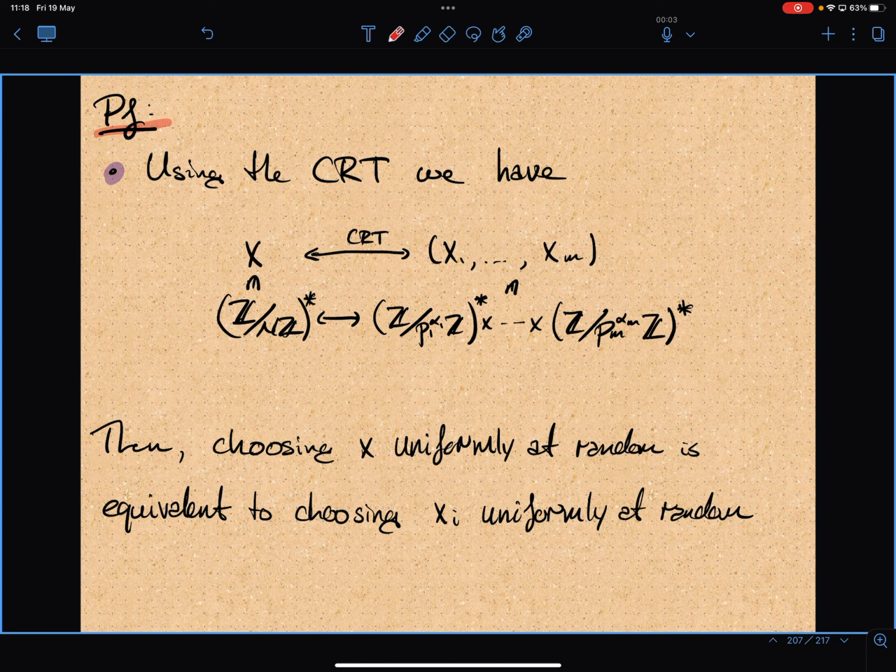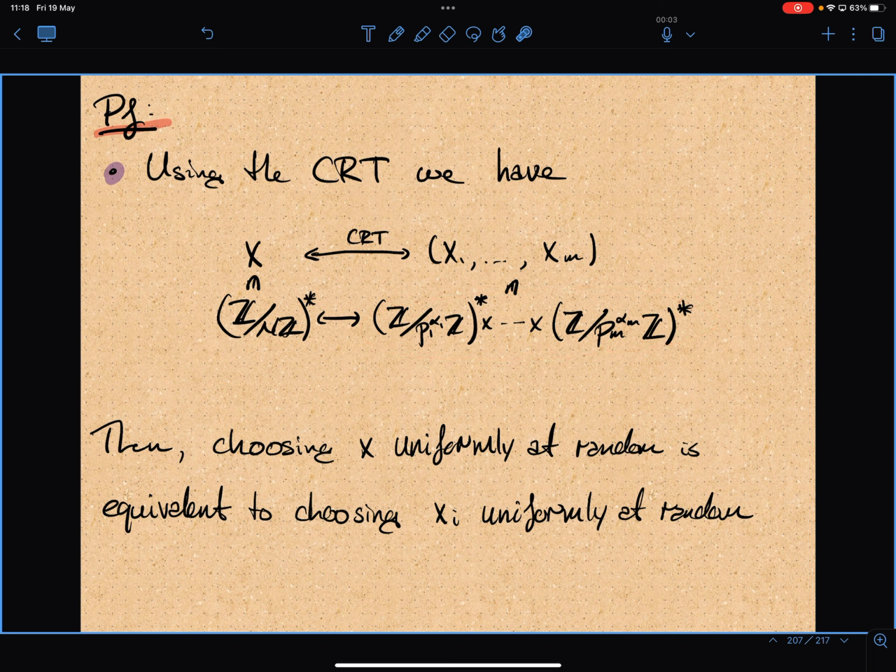So again, the technique is to use the Chinese remainder theorem and use the result that we have for m equals 1. And what we've shown already is that we have this equality, this bijection between the elements that have GCD equal to 1 on this left-hand side and the elements that have GCD equal to 1 component-wise.